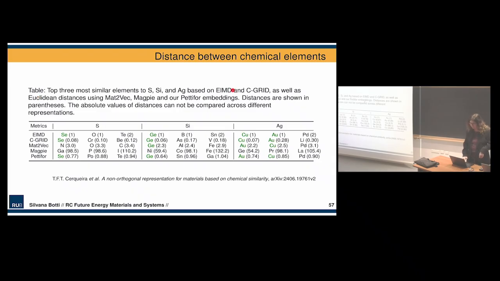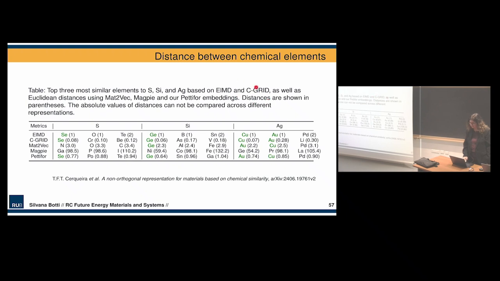But there are other ways of measuring distances that were proposed, like the elemental mover distance, which is based on the concept of the Earth mover's distance. This is again based on the same concept of chemical similarity, so it should be similar to what we have.